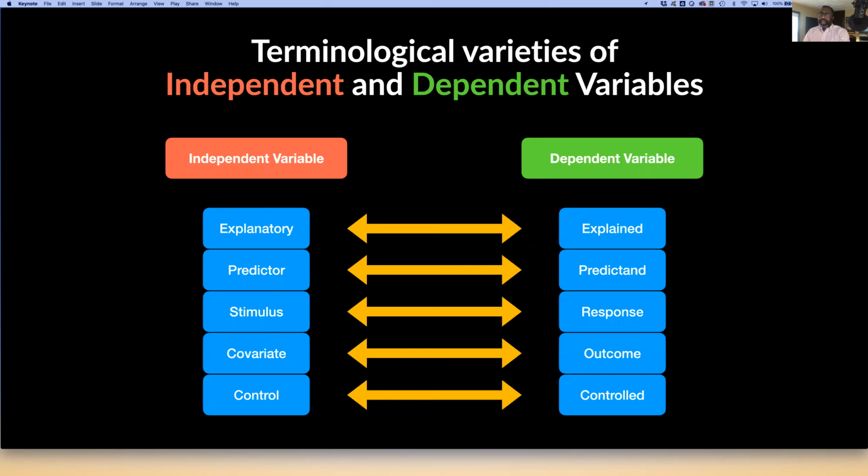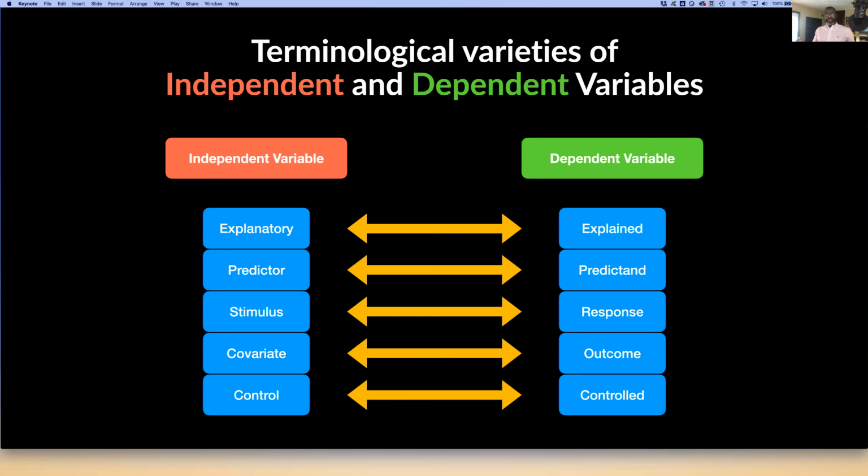Here's some terminology as you're reading literature around your dissertation. You're going to come across qualitative literature and quantitative research, and it's not always going to say, the independent variable is this. Sometimes they're going to use terminology like the explanatory, the predictor, stimulus, covariate, control.